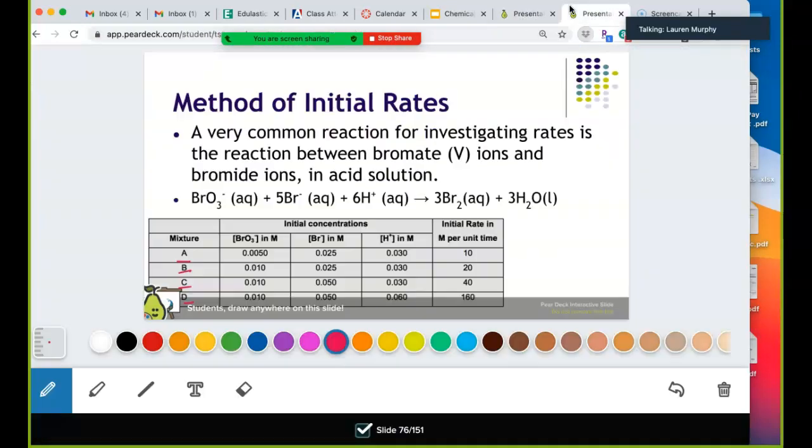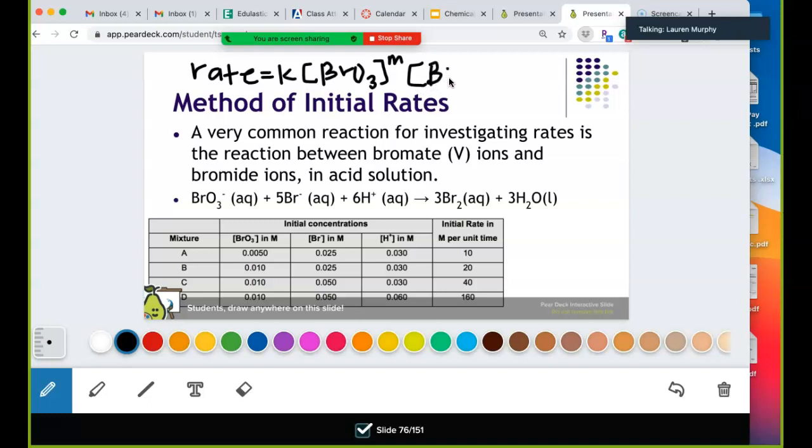Your whole job is to find the rate law. So what does that mean? I want the rate law of this reaction. So what does my rate law look like? It looks like rate equals K, concentration of bromate raised to some power.